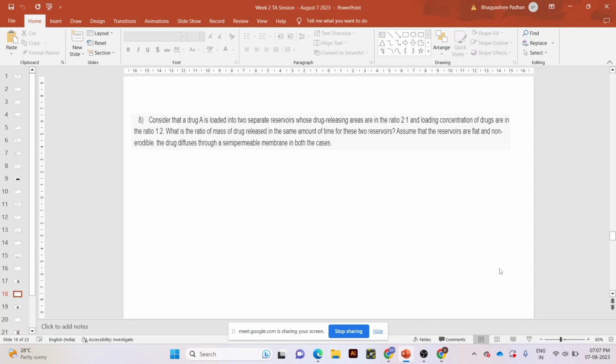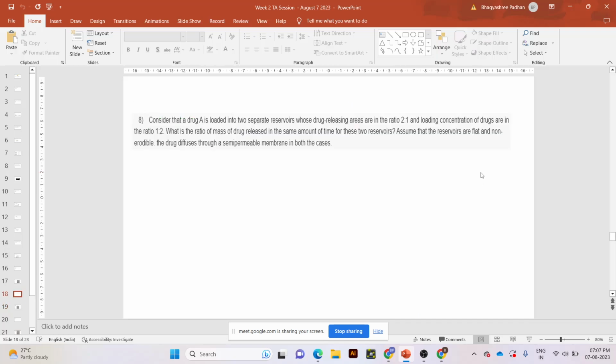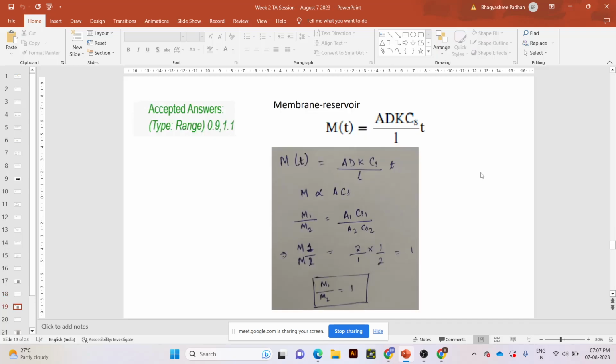The drug diffuses through a semi-permeable membrane in both the cases. If you go through the reservoir systems in the lectures, you'll find this equation: Mt equals A D K CS t upon L. So here M is what we have to find out, that is the mass of drug released in the given amount of time t.